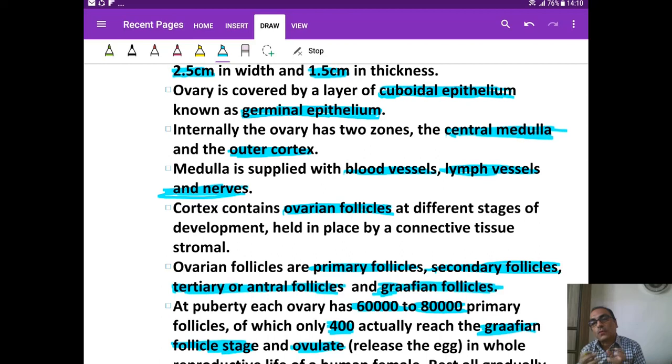So that's how only 400 oocytes can actually ovulate. Remaining all follicles will be undergoing, what is that process? Degeneration, forming the atretic follicles.